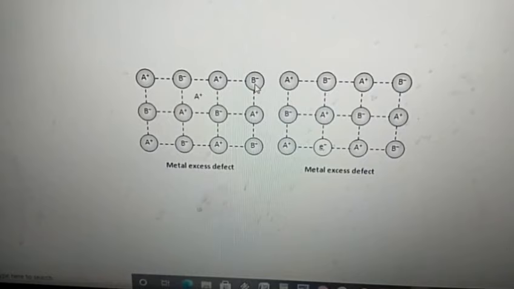When these Na plus ions form, the released electrons occupy the anionic positions. Actually here B minus should be present, but here an electron came. Such anionic sites which are occupied by unpaired electrons are called F centers. Very important definition: F centers are the anionic sites occupied by unpaired electrons. These F centers impart a yellow color to the crystals of sodium chloride.